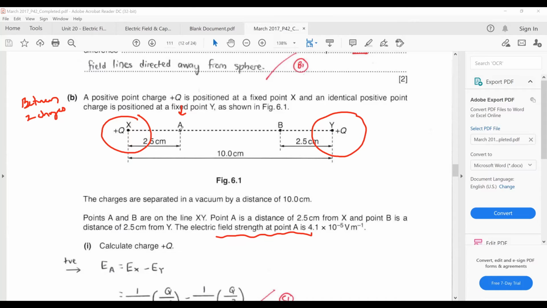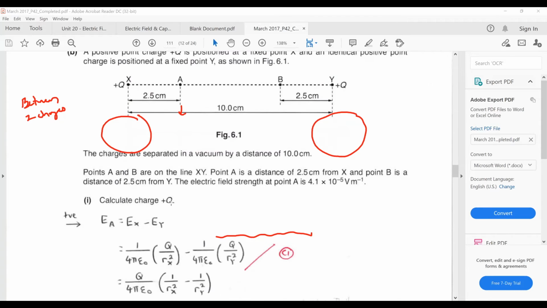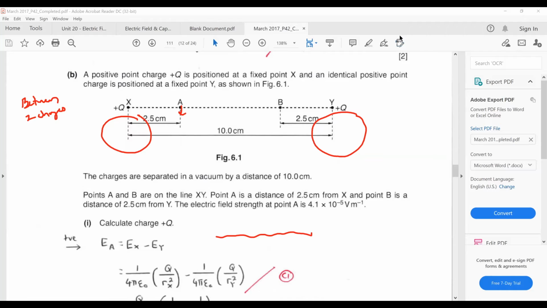So whatever electric field strength at A you have is due to the electric field strength of X and the electric field strength of Y combined together. So in this case, you have to first consider their effects separately before adding them up.